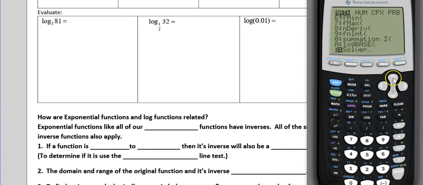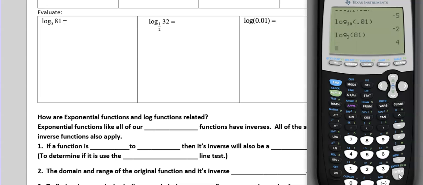And you go here to A, where it says log base. And that allows you to put this little 3 in right here. And then you arrow over and put this 81 right in here. And hit enter.